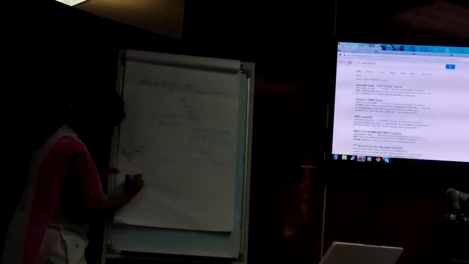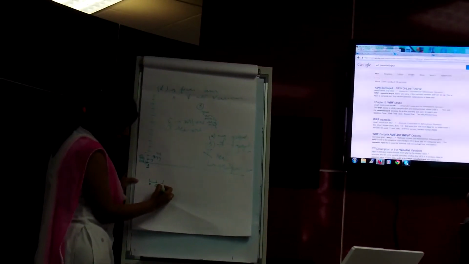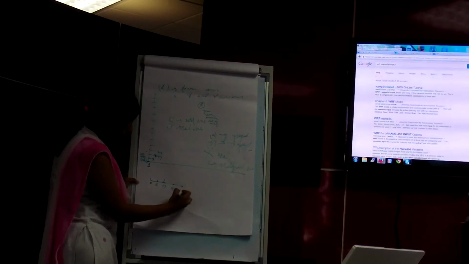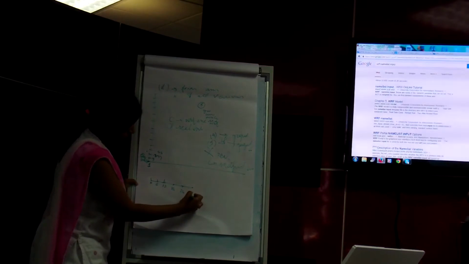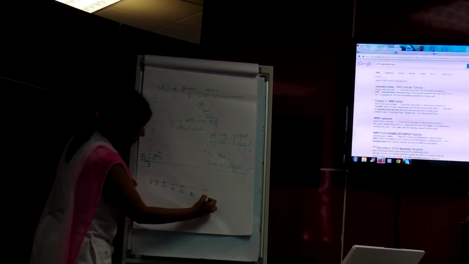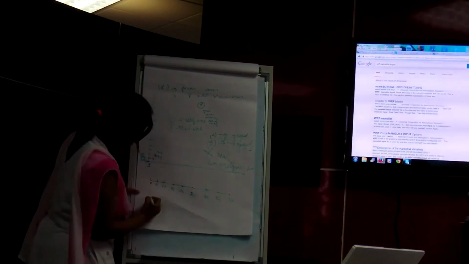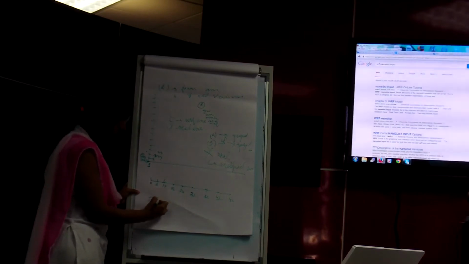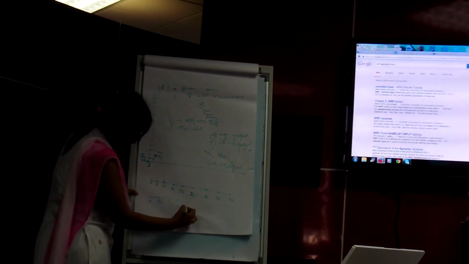Okay, let's see. 72 hours means the first file will be at 0 hour, the second file will be 6 hour, then the third file will be at 12, fourth at 18, next will be 24 hour, next 30, then 36, then 42, 48, 54, 60, then 66, 72.